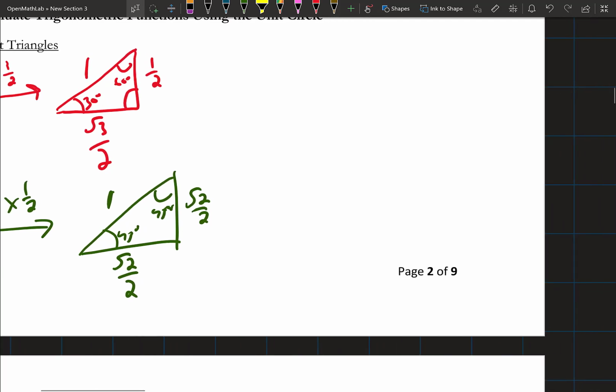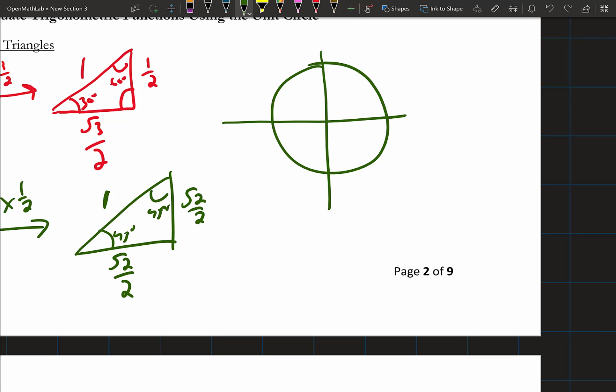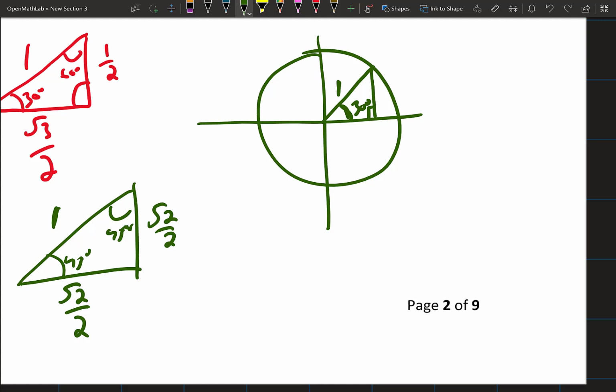So then the situation that we are going to have is if I have a unit circle where this angle here is 30 degrees, right? This is going to be 1, this is 1/2, and this is radical 3 over 2, right?